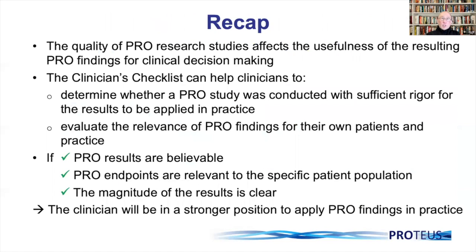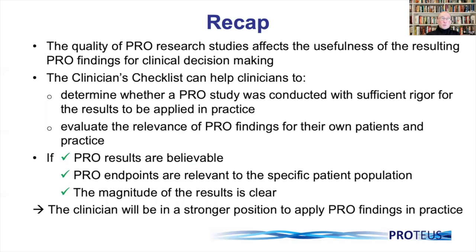To recap, the quality of PRO research studies and their design affects the usefulness of the resulting PRO findings for clinical decision-making. The clinician's checklist can help clinicians to determine whether a PRO study was conducted with sufficient rigor for the results to be believed and applied in practice, and to help evaluate the relevance of PRO findings, in particular for their own specific patients.